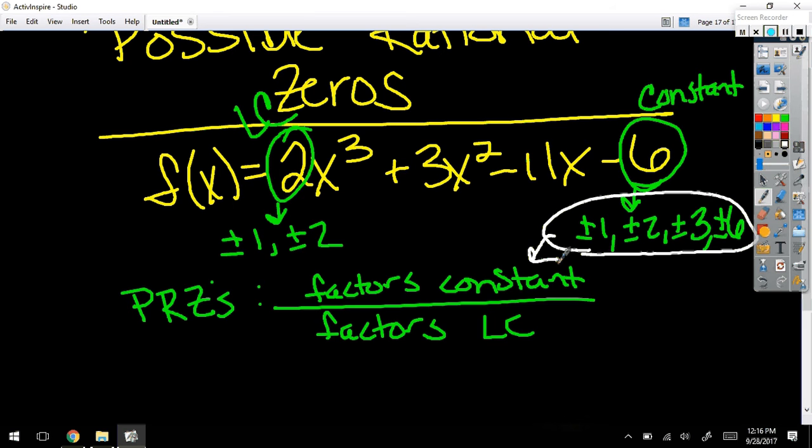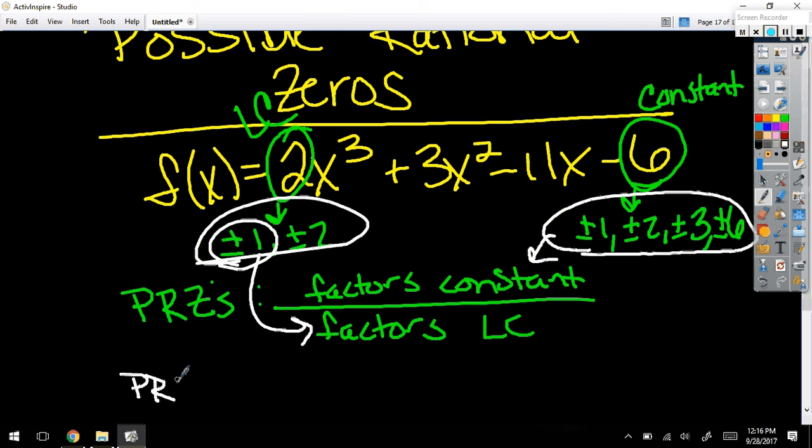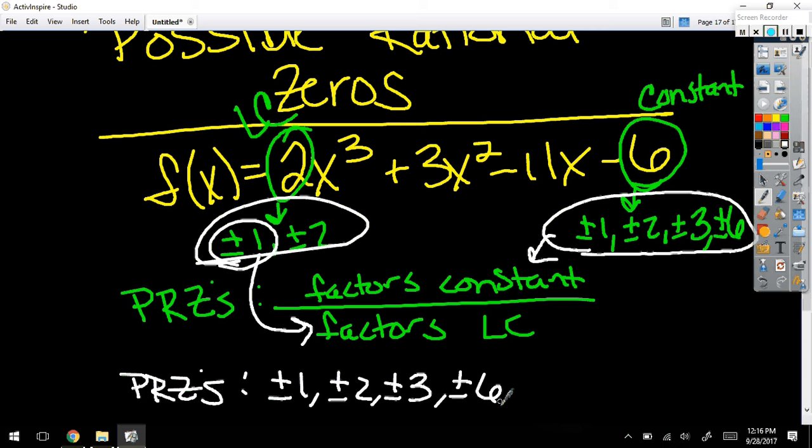These are always going to be the numerator. These are always going to be the denominator. So if I took all these and divided them by 1 first, I would get plus or minus 1, 2, 3, and 6. Does that confuse anybody? Because anything divided by 1 is itself, right?